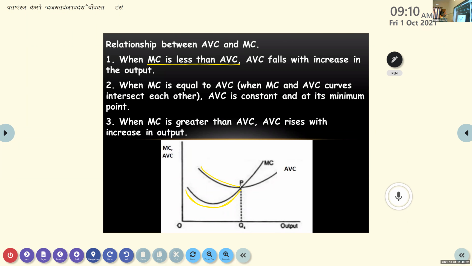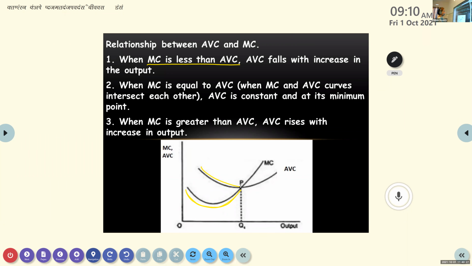So always one kind of relationship you see between AVC and MC. When marginal cost is less than average variable cost, average variable cost always falls with increase in output. That is one kind of relation.